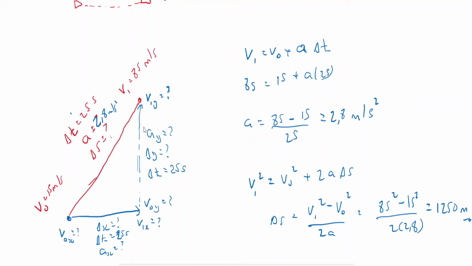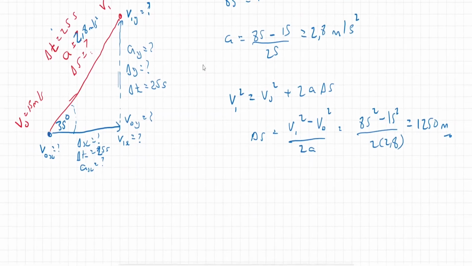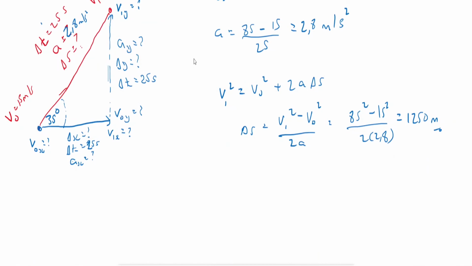Now I need to consider the angle in order to find the x and the y components. All right, so for instance, if the question was to say what would be the x component and the y component of the initial and the final velocity, and what would be the x and the y component of the acceleration, you could find all of that.